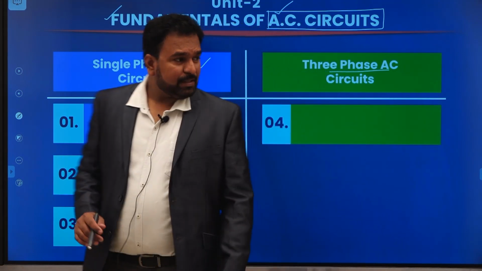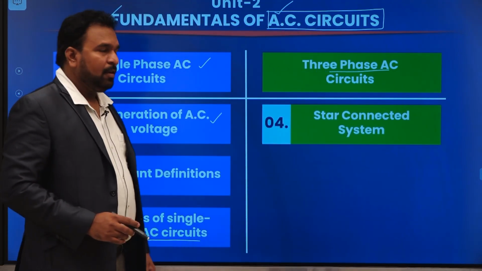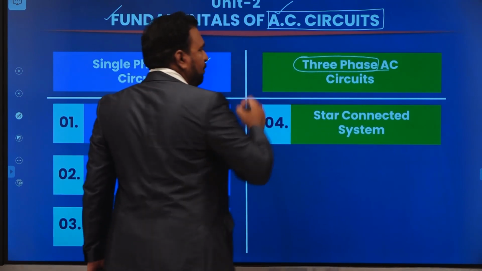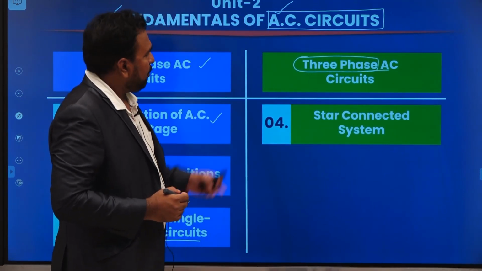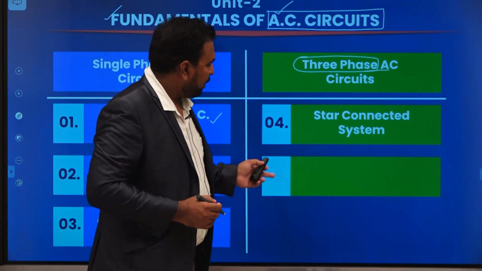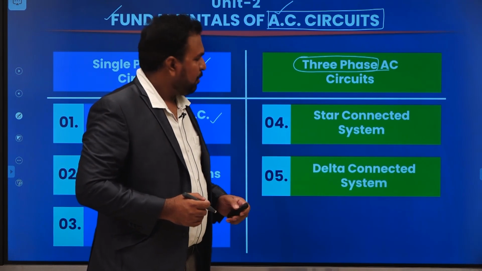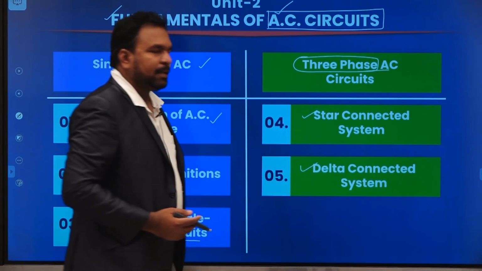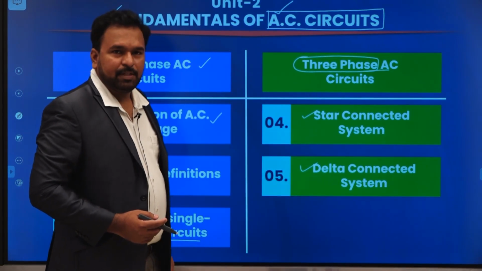And coming to three phase, in three phase AC circuits, since three phase means we are going to have three wires, three phase wires, we are going to connect these wires either in a star connected system or in a delta connected system. So that's why we are going to discuss the star connected system as well as the delta connected system in the case of the three phase AC system.